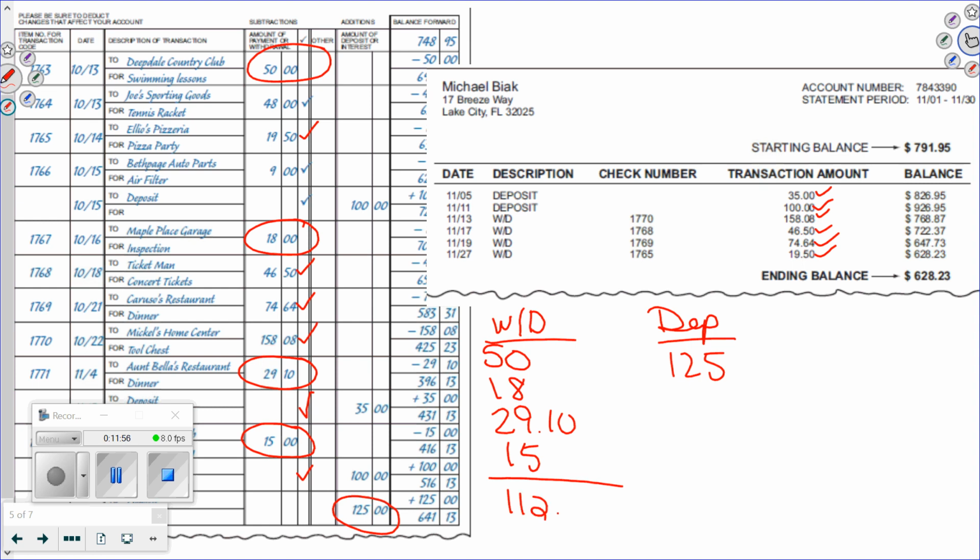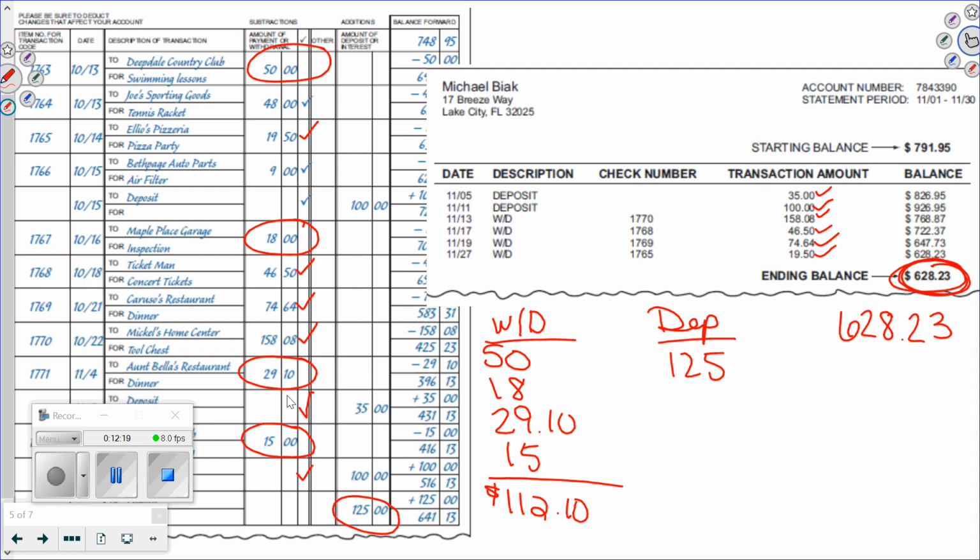All right, so 112.10. Now I told you on the previous slide that you always start with your ending balance. That's from your bank statement. So starting with the ending balance, right here, 628.23. I am supposed to do what with the outstanding withdrawals? Subtract. We actually will subtract.